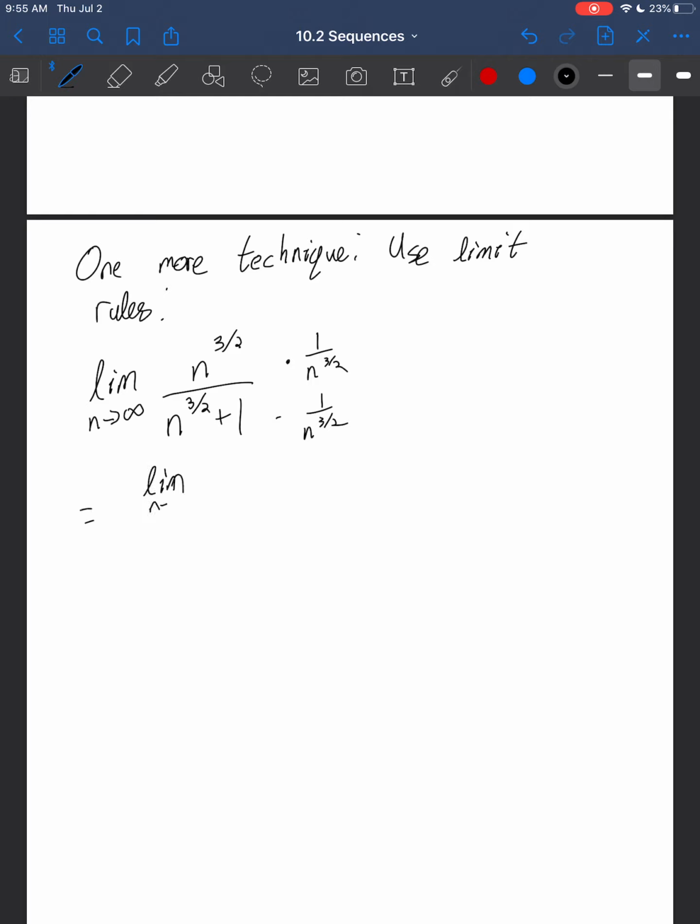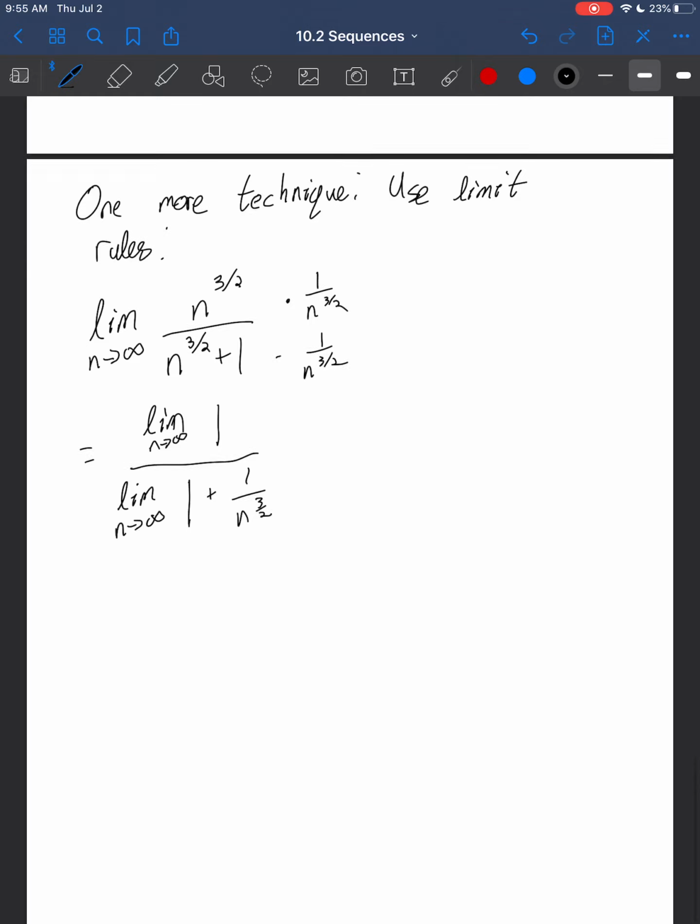So this is equal to the limit as n goes to infinity of 1, which will just be 1, over the limit as n goes to infinity of 1 plus n to the negative 3 halves. Or let's actually rewrite this as 1 over n to the 3 halves.